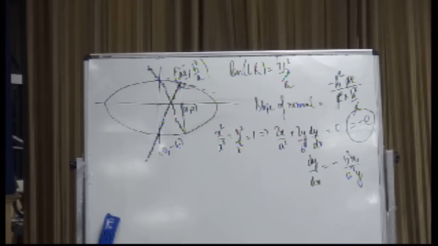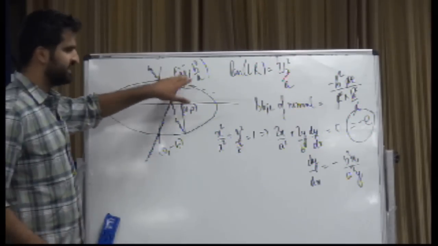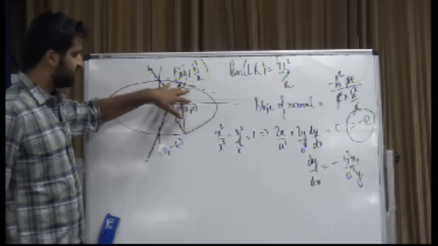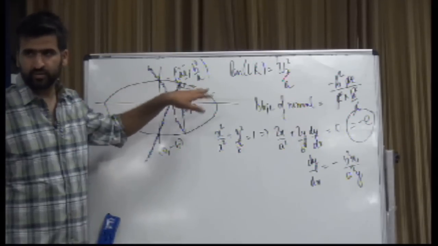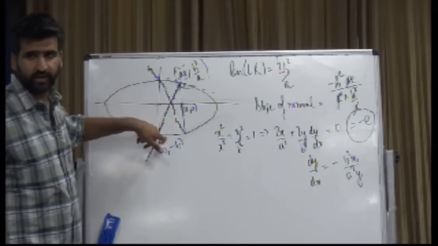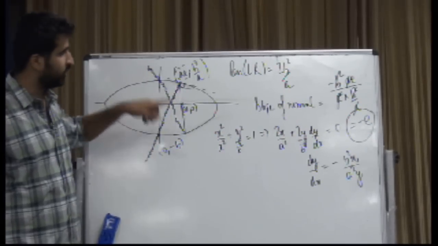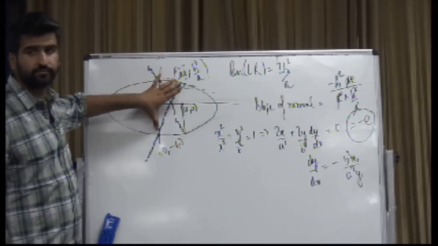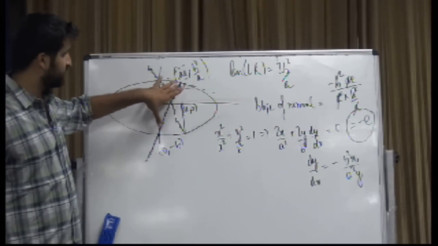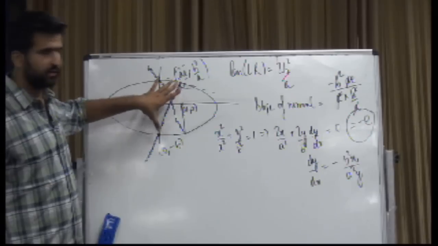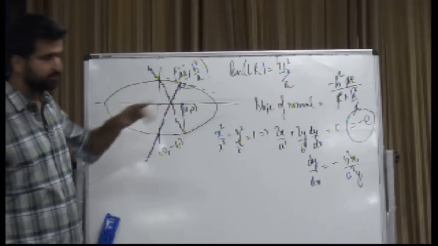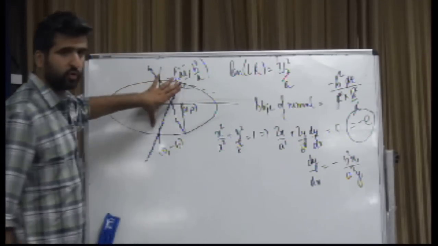Now you can equate this slope. He's saying that this is a normal at the end point of the latus rectum, and it is also passing through this point, the end point of the minor axis. Now you can equate this minus e to the slope of this line. Since the normal is passing through this point, the slope here will be equal to the slope of the normal. How do we find the slope of a chord?